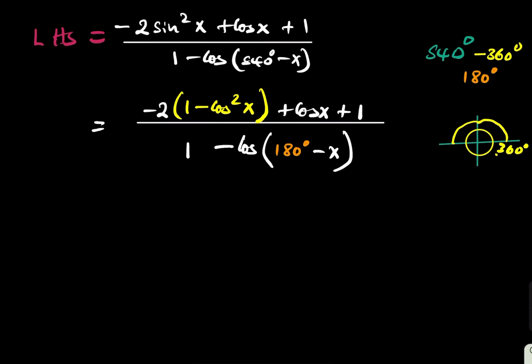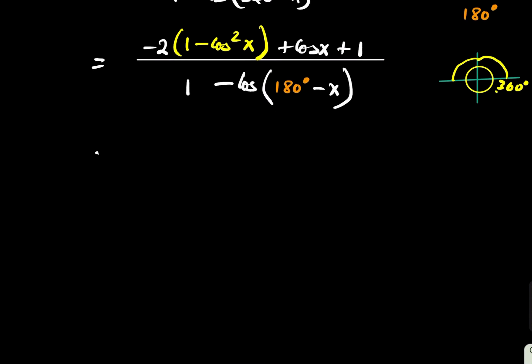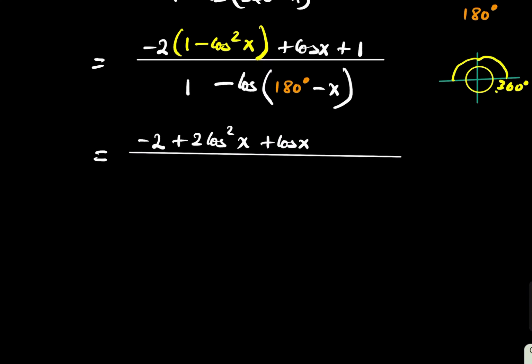And then now I need to simplify my maths to say minus 2 times 1, that is a negative 2, and then this one times that really gives us a positive twice cos squared of x, and we still have our cos x plus 1 there. And then we have 1 minus. I want us to be very careful with our algebra here.